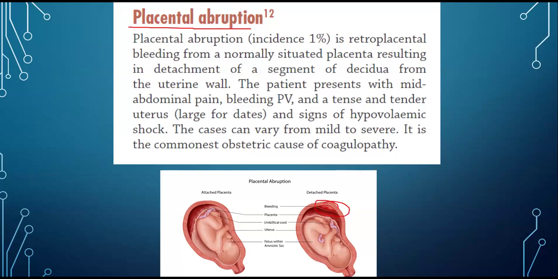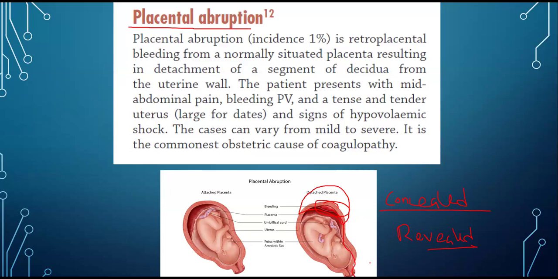The bleeding can be of two types. One, blood can accumulate in the uterus and the uterus can get larger and tender. That's called the concealed variety of placental abruption, because bleeding is not coming out, rather it's collecting inside. And then there is the revealed variety, where the blood will not accumulate, rather it will come down as a very severe PV bleeding.